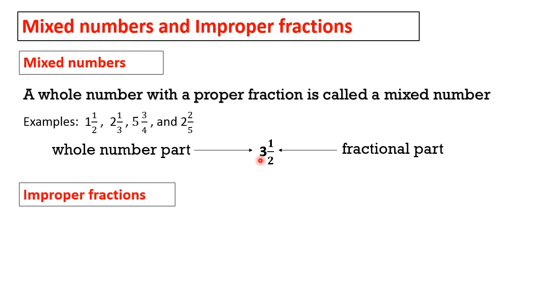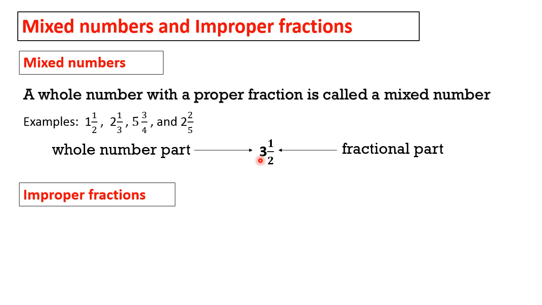Okay, let's see what improper fractions are. In grade 6, we learned what proper fractions are. A proper fraction means a fraction where the numerator is always lesser than the denominator.